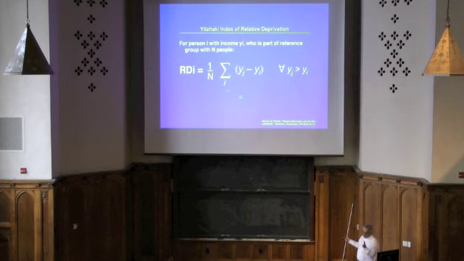You sum that across all the j people, but then you divide it not by the number of people that is richer than me, but by the entire size of the population. Dividing by n ensures that the relative deprivation is invariant to the size of the reference group. Otherwise, if n doubles, so would the relative deprivation.